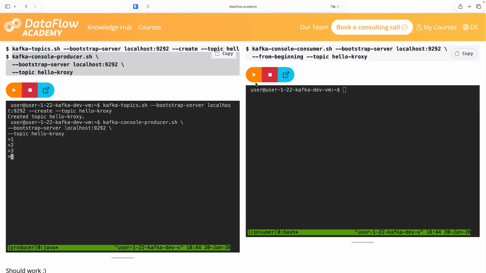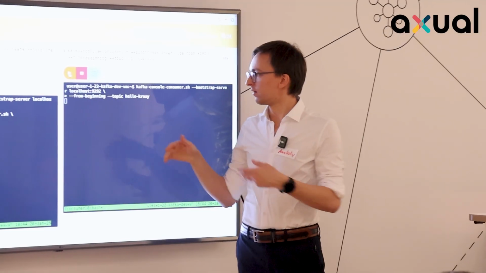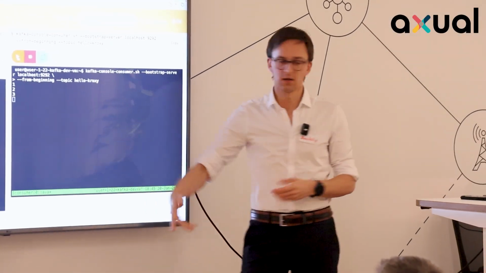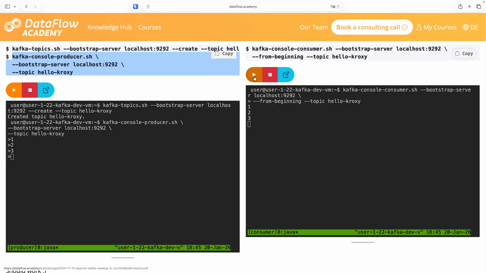And now we can also start a Kafka consumer, also on port 9292, and see whether the data arrives. Again, the consumer needs some time to start, and you see the messages. So apparently something worked.